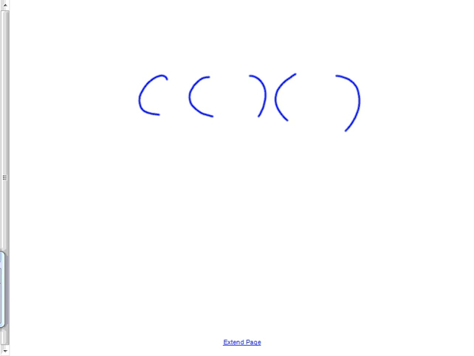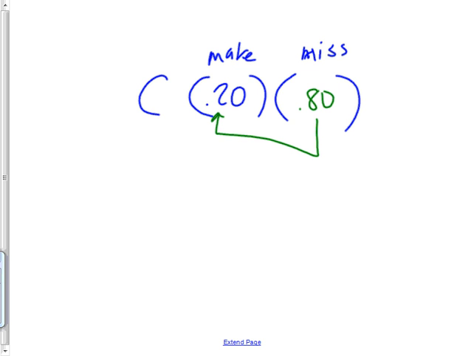This is he makes it, and this is he misses it. Let's say that when he gets a chance to have a shot on goal, he makes it about 20% of the time. That means you take 1 minus that for not making, and 1 minus that is 0.80. Simple as this. They have to add up to 100%.